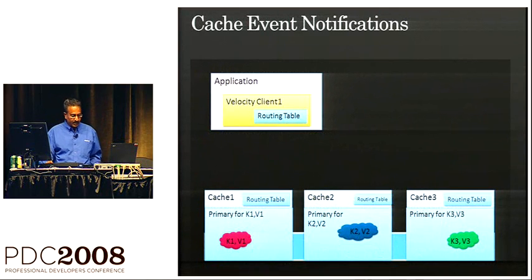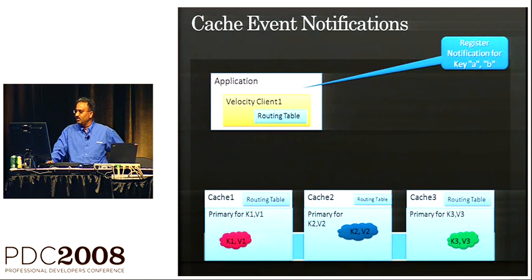So we talked about the cache event notification. Let me just quickly walk through the flow of those things. You have an application, and the application wants to register a notification for keys A and B. It says, whenever any data item with A and B changes, notify me.